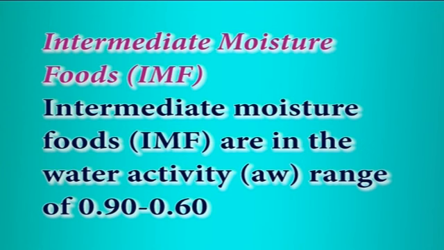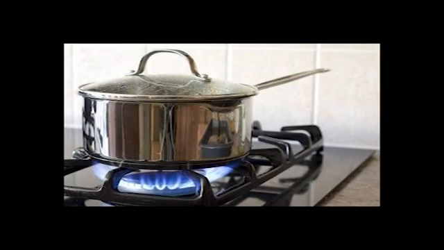Intermediate moisture food or IMF. Intermediate moisture foods, IMF, are in the water activity or aw range of 0.90 to 0.60. Such foods are stabilized by the introduction of additional hurdles like heating, preservatives, pH and Eh.